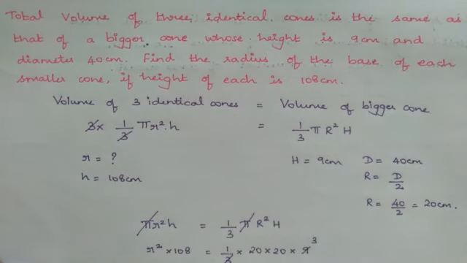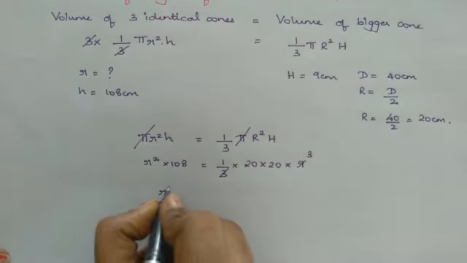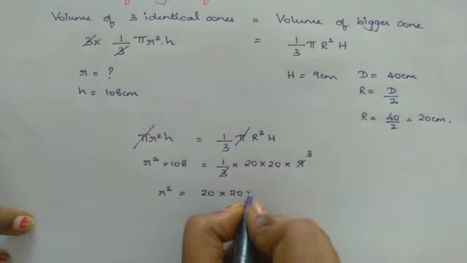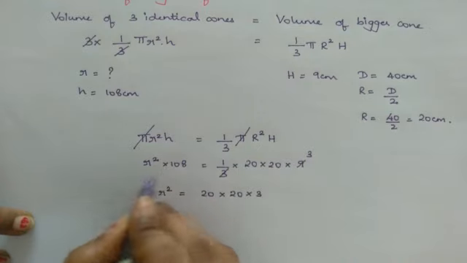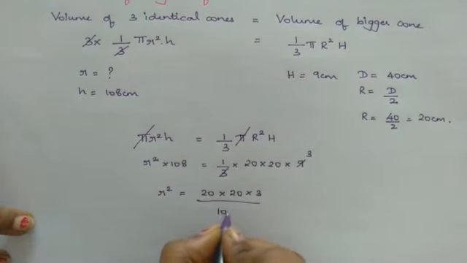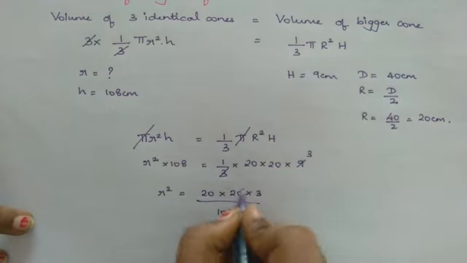So r squared is equal to 20 into 20 into 9 by 3. 108 is multiplied here, so when it comes to the other side it goes as division, by 108.